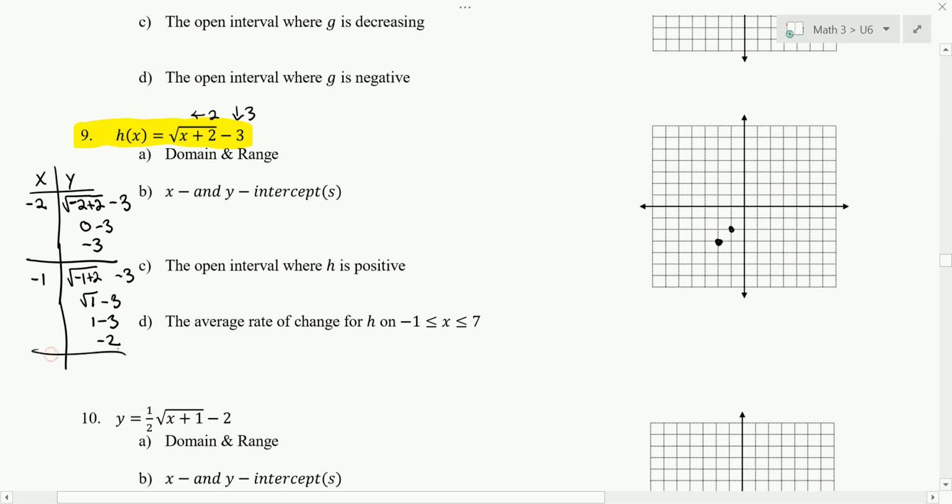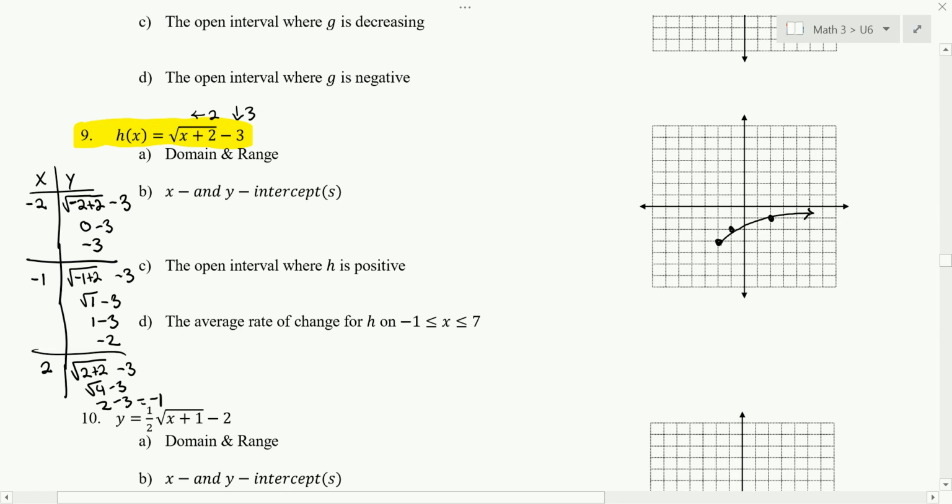And lastly, I'm going to plug in a 2 because I'm trying to create the square root of 4. And we have 2 plus 2 underneath the square root sign, which is the square root of 4 minus 3, or 2 minus 3, which is negative 1. So x is 2, y is negative 1. Our graph looks like this.